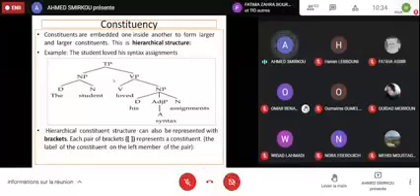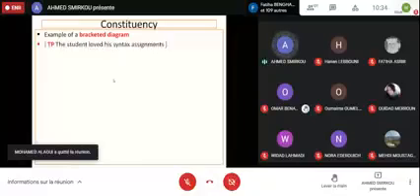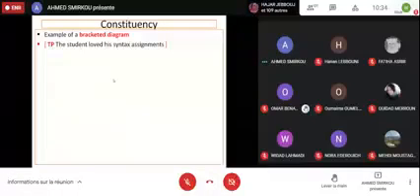Okay, we move on to bracketed diagrams. Example of a bracketed diagram: the student loves his syntax assignments. So the largest constituent is the sentence, TP. Okay, we use brackets here.